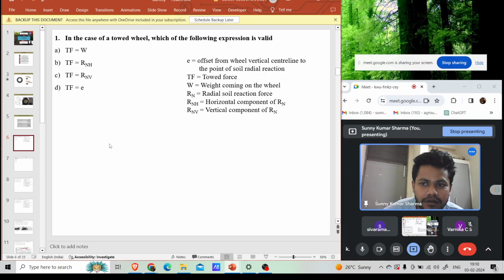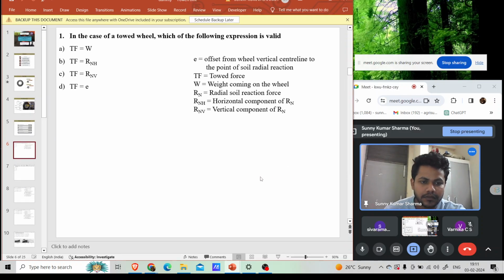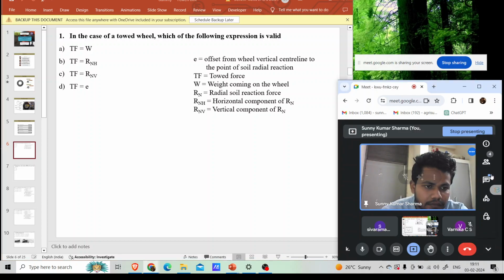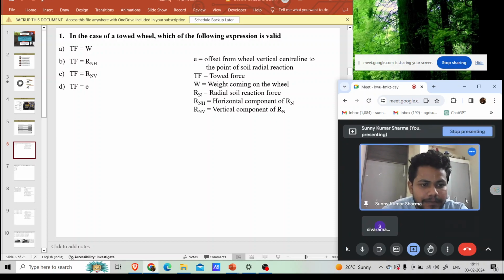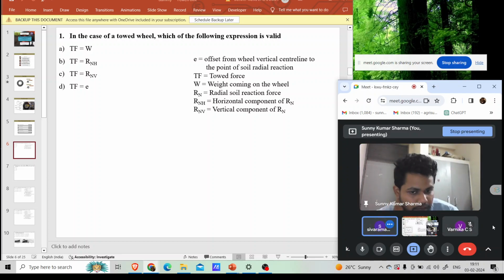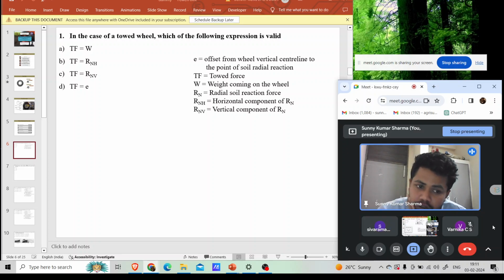In case of Taylor's tool life, what is the tool force equal to? If you don't know, you can tell that.